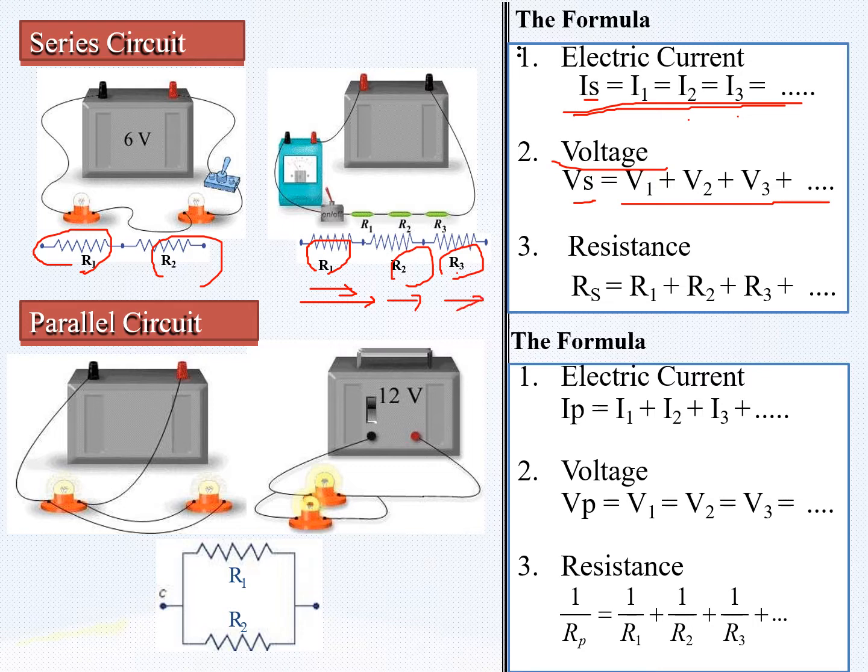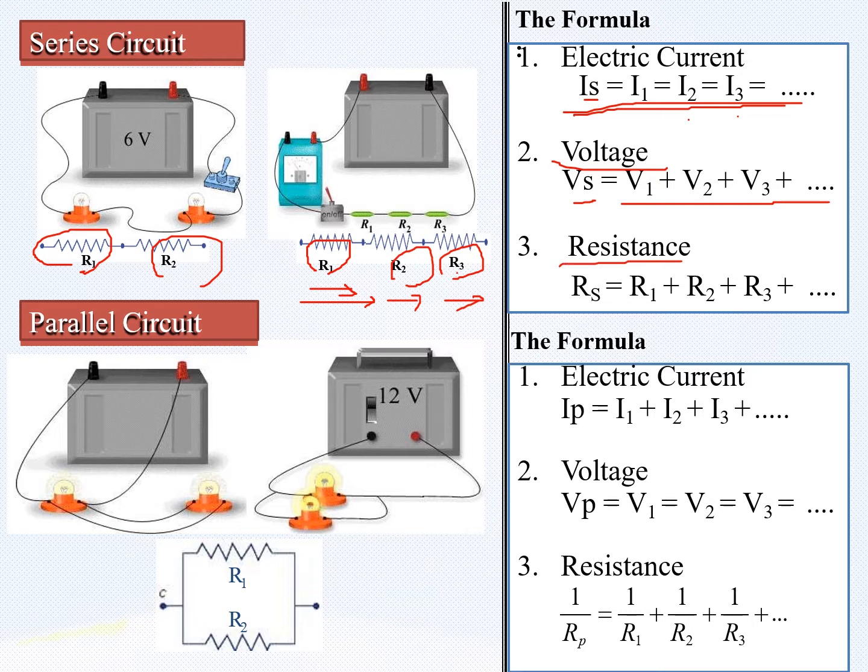As the current throughout the circuit is the same but the voltages are different, V1 is I1 into R1, V2 is I2 into R2, V3 is I3 into R3. As the currents are the same, we conclude that the source voltage is equal to V1 plus V2 plus V3. So in a series circuit, the voltage is different but the current is the same.